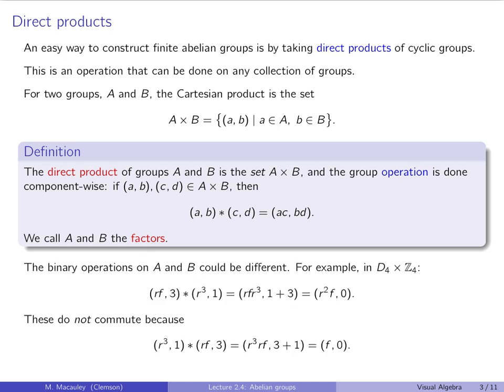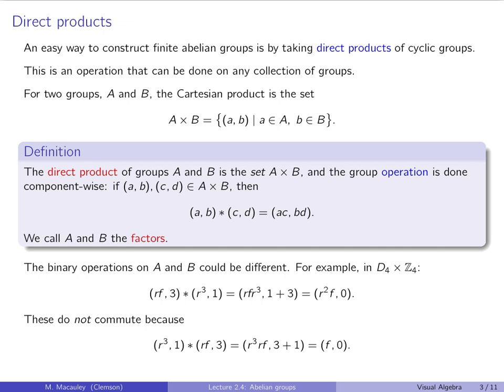Note that the binary operations on A and B can be different. For example, in D4 cross Z4, the operation is multiplication in D4, but addition in Z4. So RF comma 3 star R cubed comma 1, you just take the product of things in the first coordinate, you get RF R cubed.